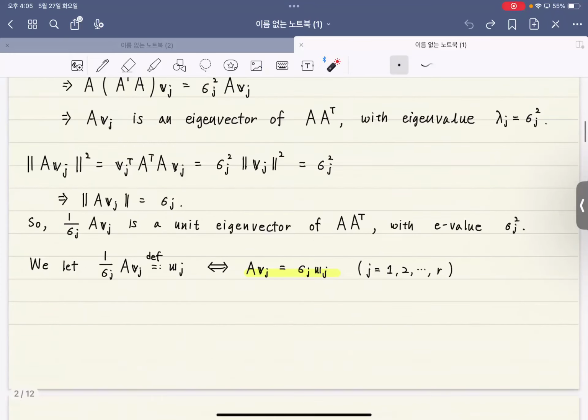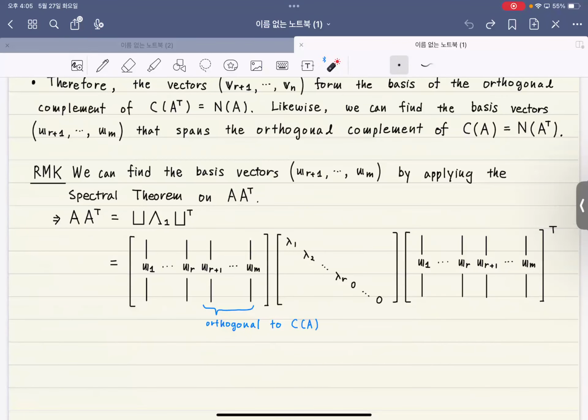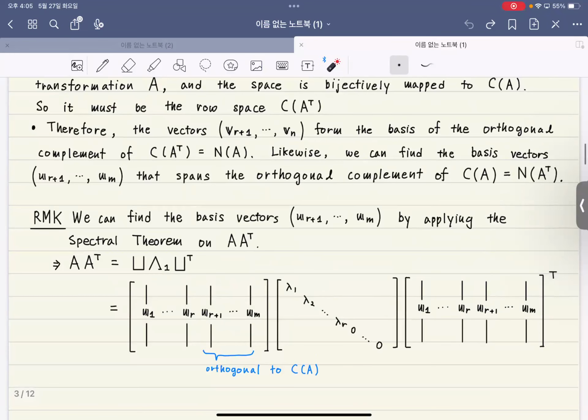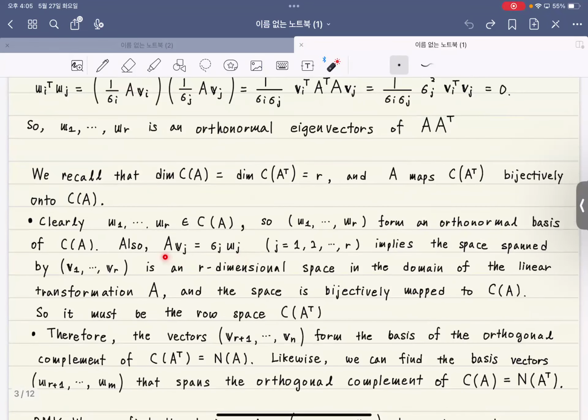And for the codomain, U1 to Ur span the column space, and Ur plus 1 to Um span the left null space. Especially between V1 to Vr and U1 to Ur, they enjoy this very nice relation.